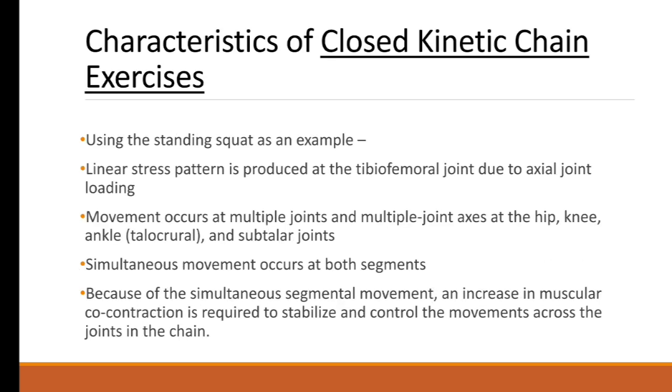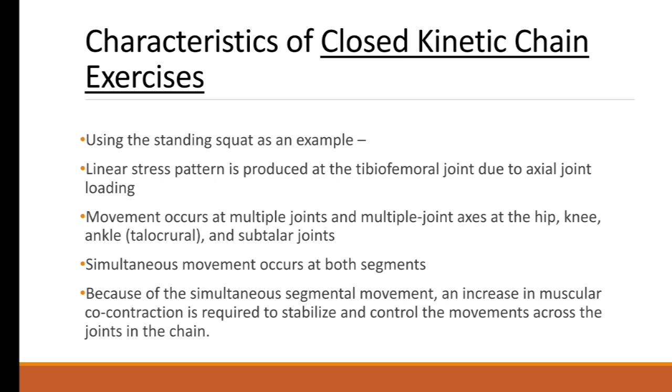So what are its characteristics? For example, when we are doing the squat, there is a linear stress pattern which is produced at the tibiofemoral joint due to axial loading. Movement occurs at multiple joint axes at the hip, knee, ankle and subtalar joint. Simultaneous movement occurs at both segments.